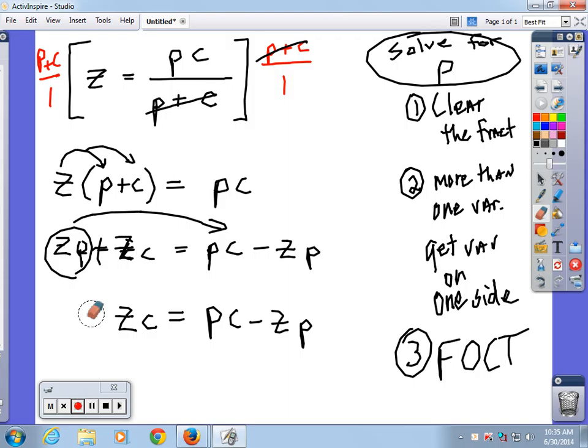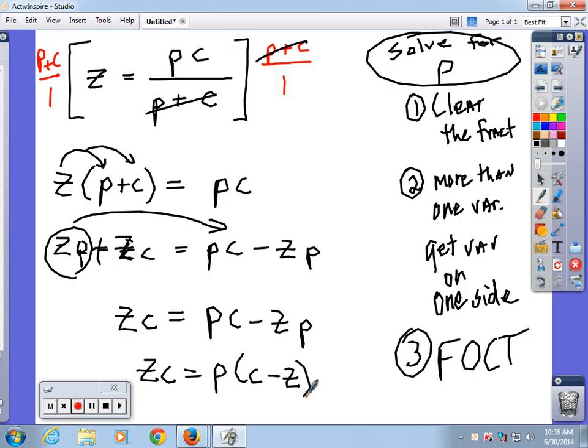Okay, what do you use after you get all the P's on one side? Factor out a common term. And what term are you going to factor out? The P, because that's what you're solving for. So ZC is equal to P times C minus Z. And then now what do we do?